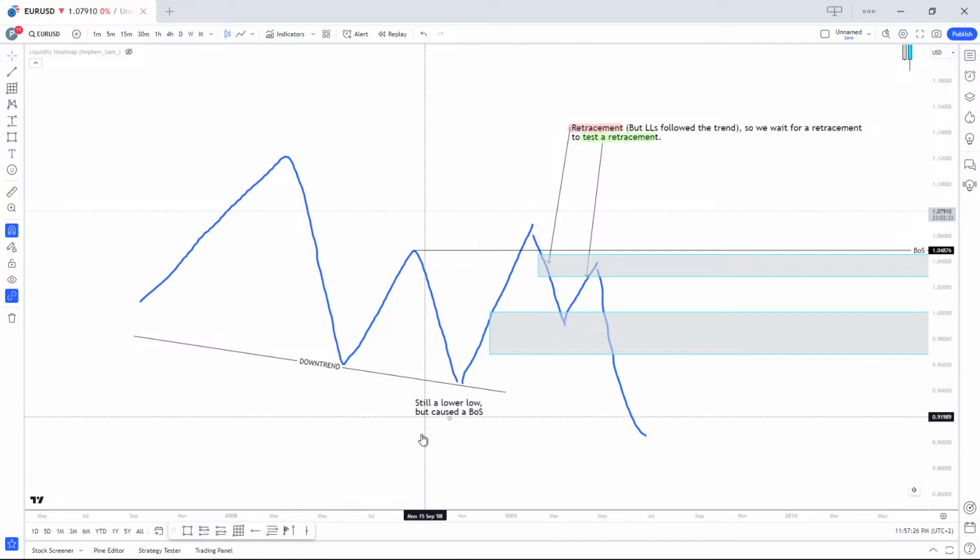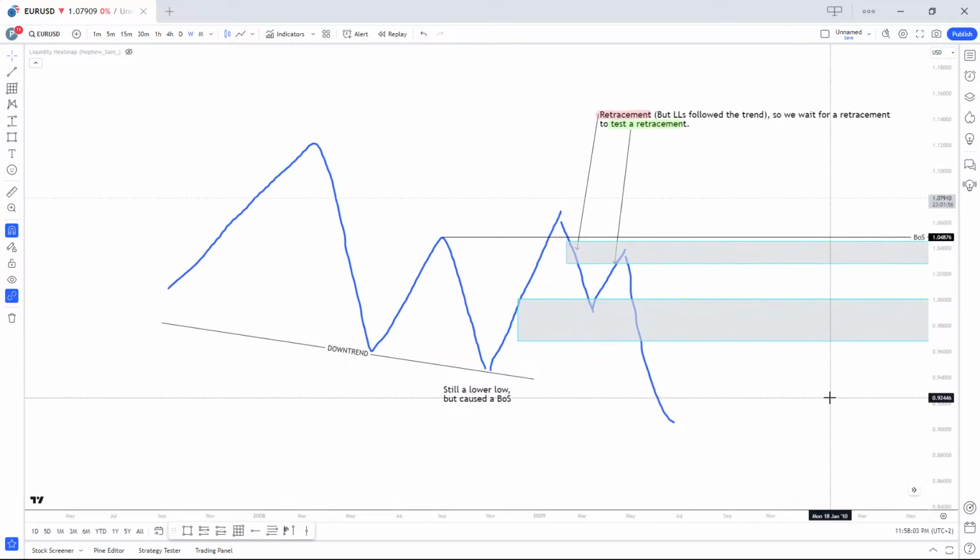I'm thinking where the liquidity is still here, but the liquidity is actually always supposed to be, I mean, it's not strictly that it has to be, but it's always supposed to be above the break of structure. But in this case, it's different.